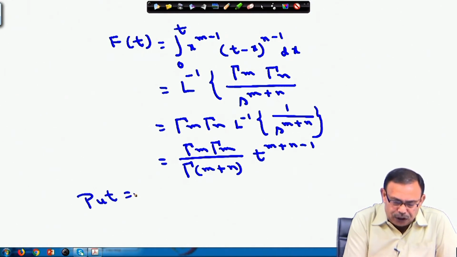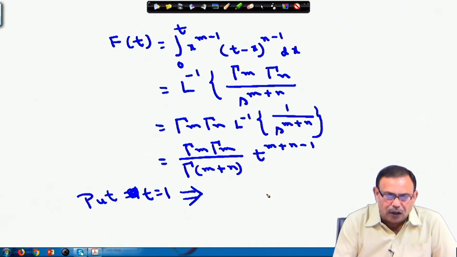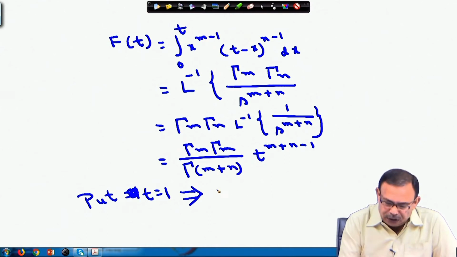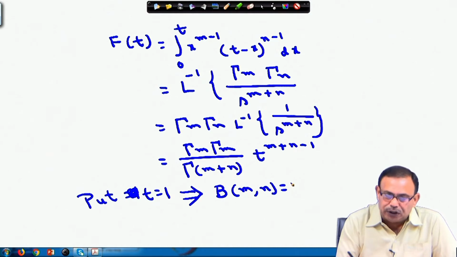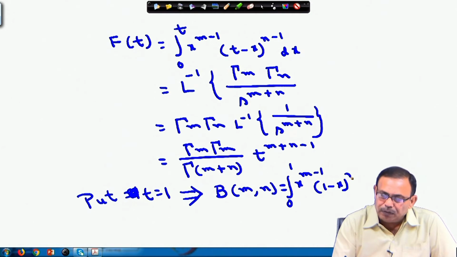Once I am putting t equals 1, then I will obtain beta(m, n) on this equation, that is integral from 0 to 1 of x to the power m minus 1 into (1 minus x) to the power n minus 1 dx, where t we are replacing by 1.